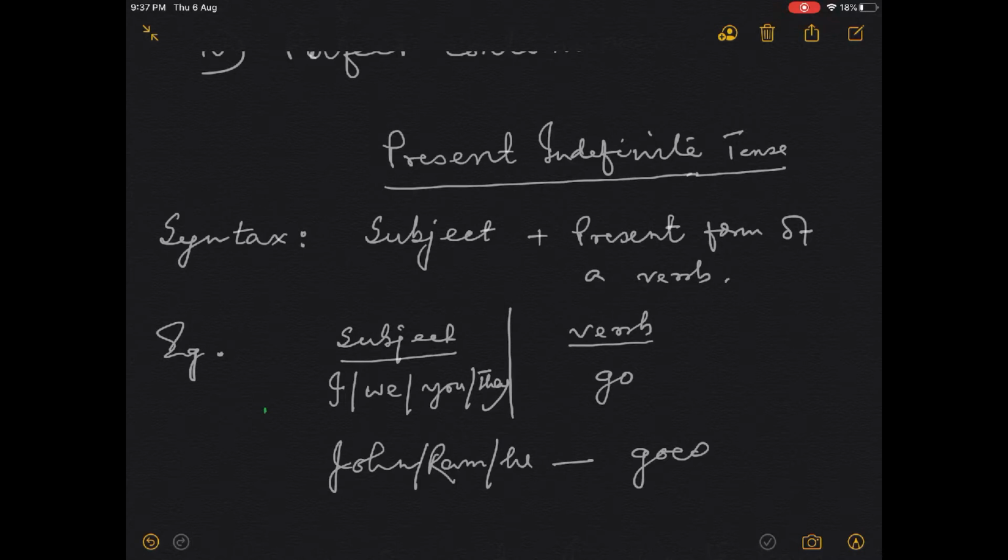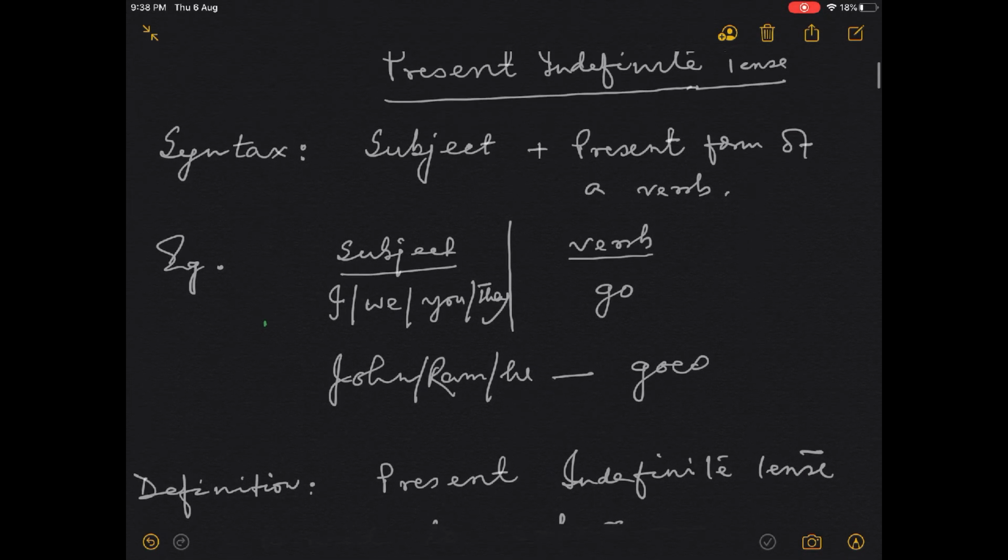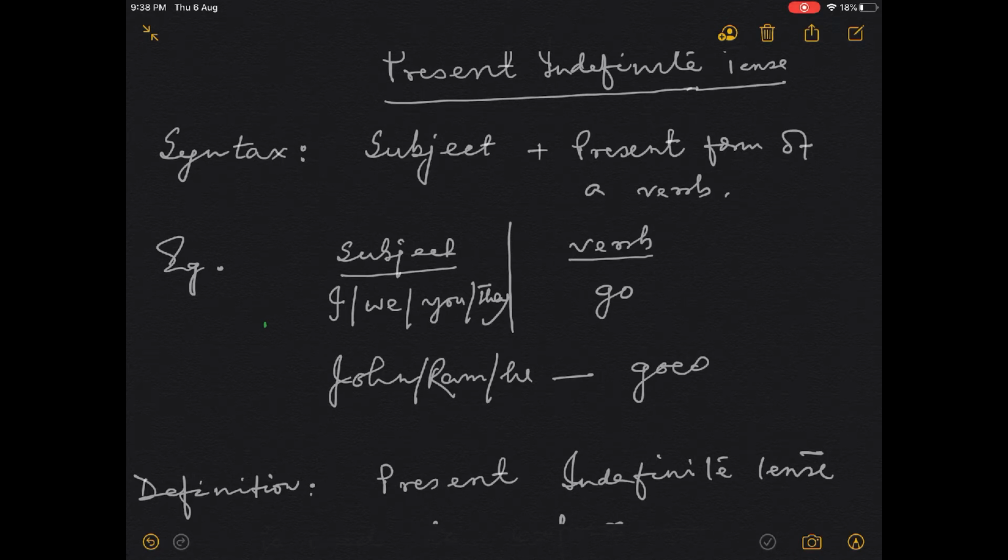So, from this we can say I go, or we go, or you go, they go. And another sentence, you see, John, Ram, he are there. So, we can say John goes, Ram goes, and he goes. So, these are the examples of how subjects and verbs are placed in the syntax of present indefinite tense.